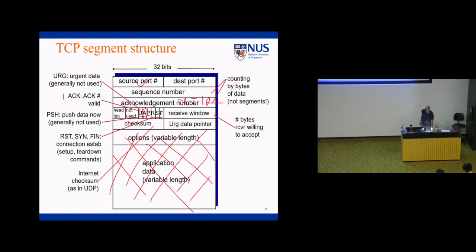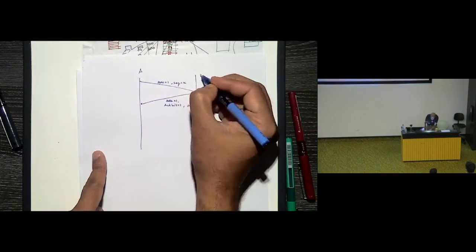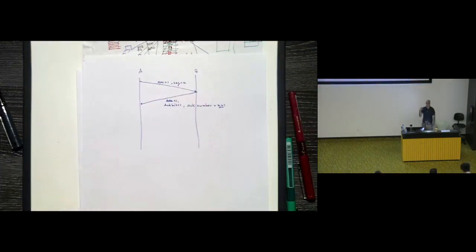So when I do this, it tells this, let's say A, that I have accepted your request, you can send me data. But maybe B also wants to send data to A. So I have to open this direction of the connection.